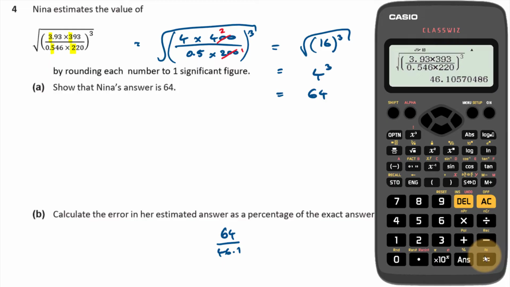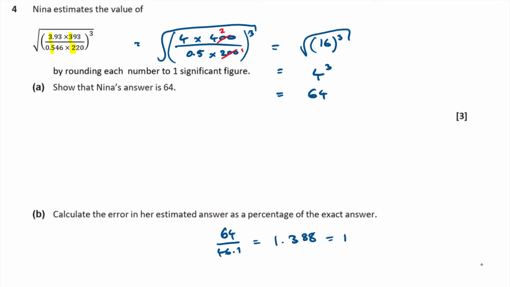So 64 divided by answer, that comes out to be 1.388. Which is 138.8%. So therefore the error is, well, it's a bit above 100%, isn't it? Because you start with 100% and then, so the error is going to be 38.8%.